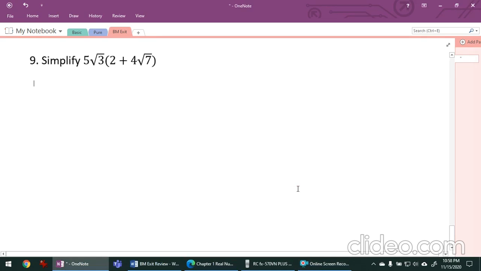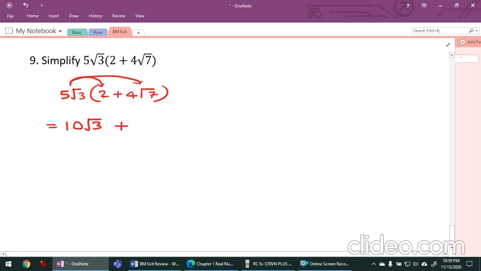Question number 9 is simplify. So we have 5 root 3 into 2 plus 4 root 7. So we have to open the bracket. You have to multiply this and this. So 5 into 2 is 10 and you have root 3. Root 3 will not go. Plus 5 root 3 into this.